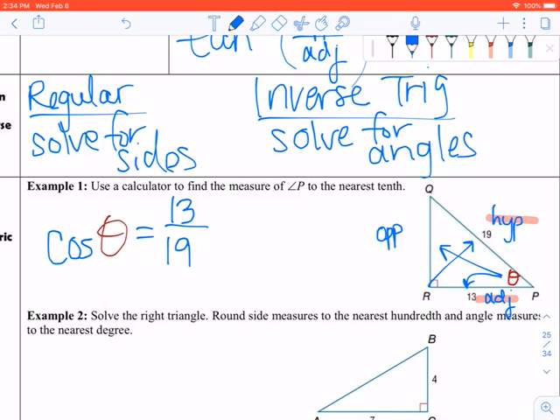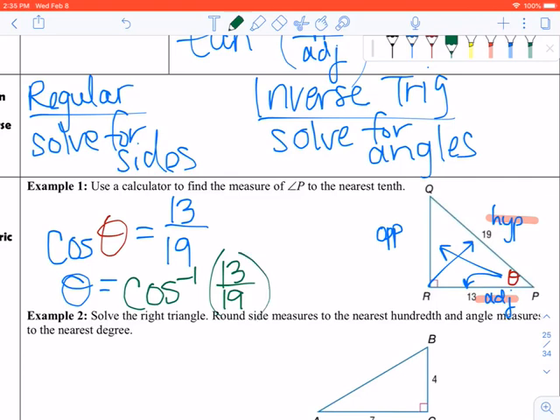Notice how this time on the right side I have numbers, and on the left side I have my variable. Now after I've set it up, I'm going to reverse this, and I'm going to say theta equals the inverse cosine, so cosine with the -1, and then the ratio stays the same, 13 divided by 19.